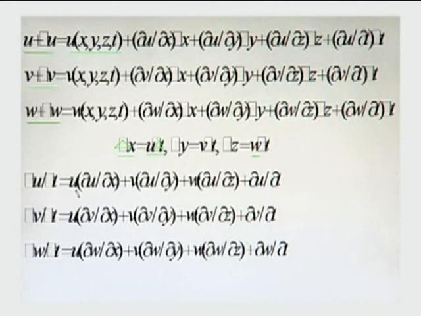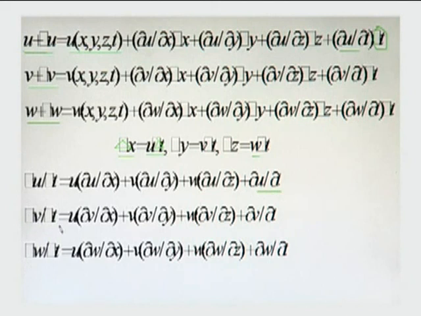So the remaining term is u del u over del x, plus v del u over del y, since delta y is equal to v into delta t and delta t is taken to the left hand side, plus w del u over del z, plus del u over del t into delta t. Delta t has gone to the left hand side, so what is left here is del u over del t.